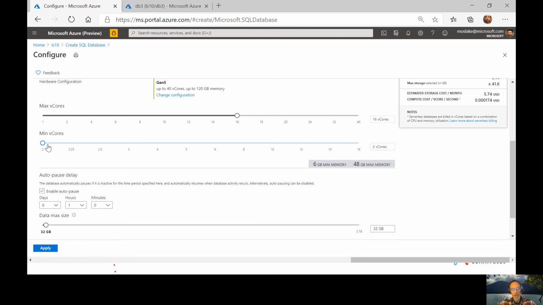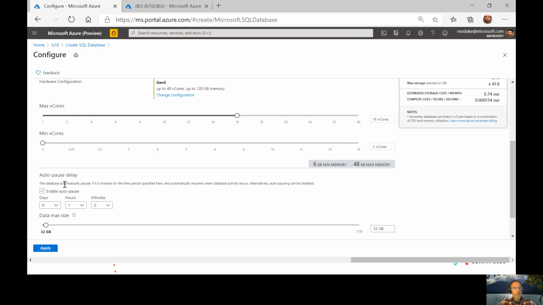So if I have certain performance requirements that would benefit from a slightly higher minimum number of cores, I'm free to configure that here. And you may have noticed that when I made adjustments to the maximum number of cores, that also influenced the range of memory that's available for the database.